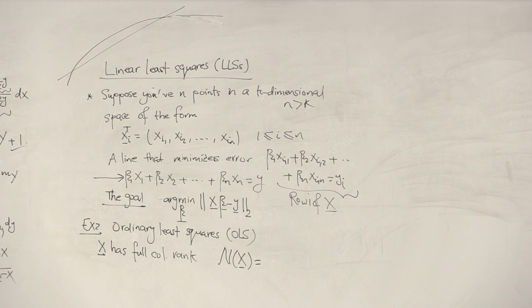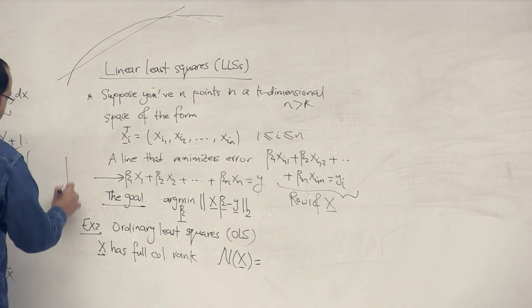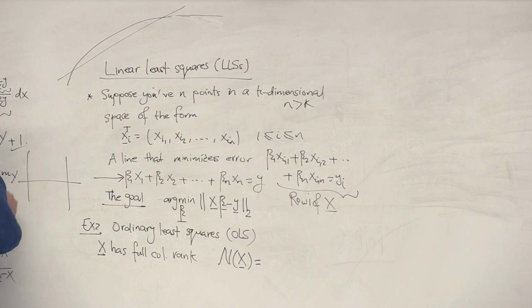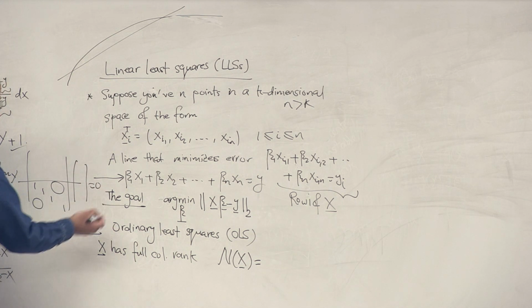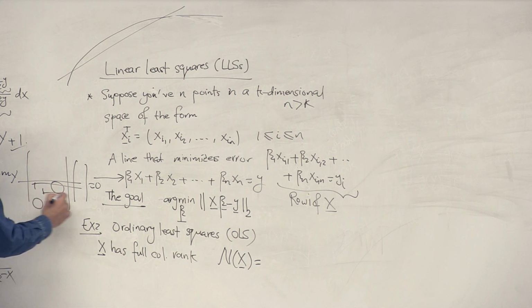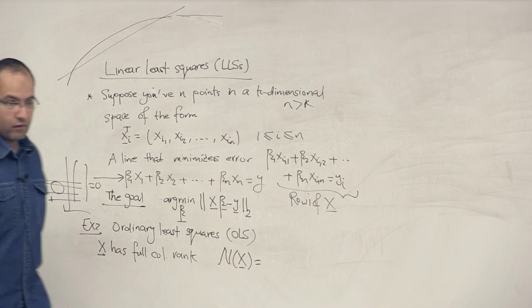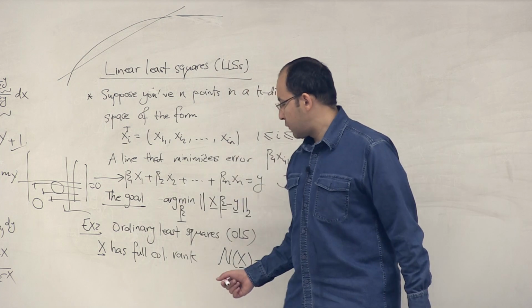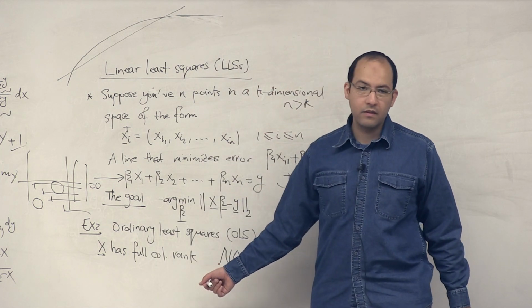So everyone, 0, yeah, thank you. Everyone knows what the null space is, right? I don't need to go that far backward. So yeah, as she said, the null space is 0 because with some row operations, you could get to a situation where you have the identity here, right? And under that setup, when you are trying to solve this equation, the only solution is that the first is 0, the second is 0, the third is 0, everything is 0, all right? So the null space of a full column rank matrix is 0.